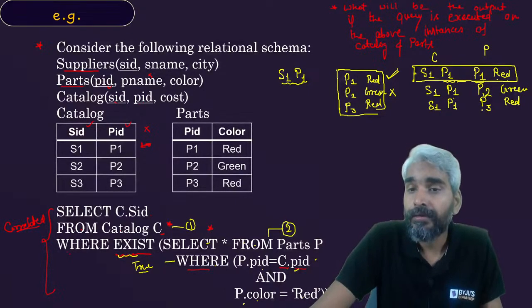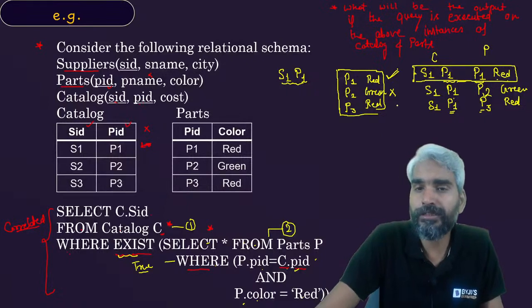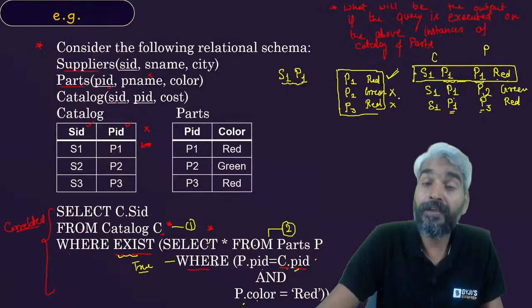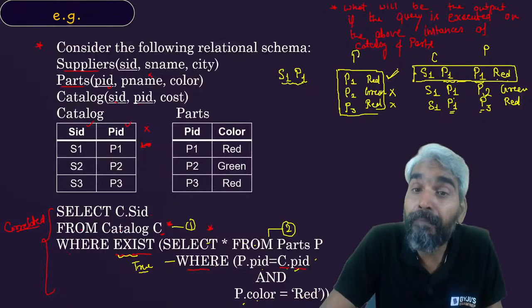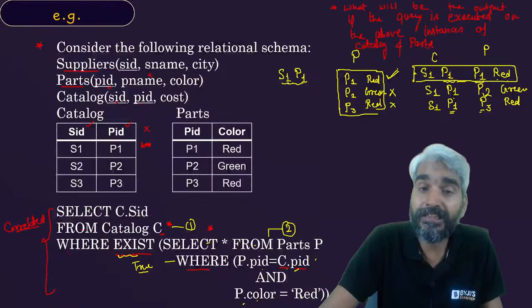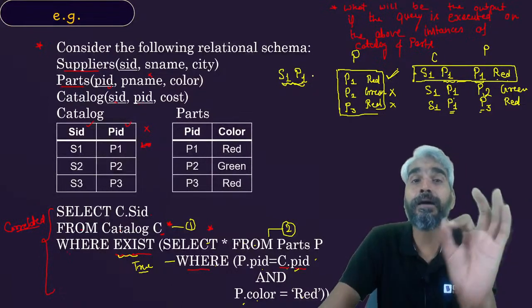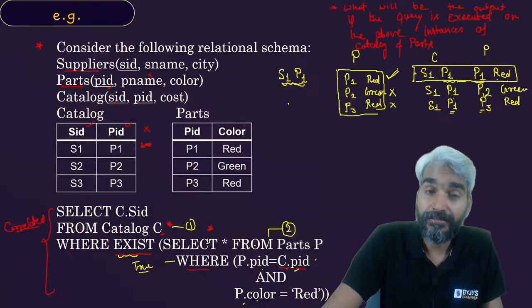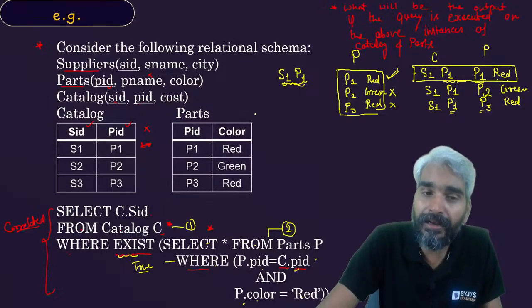Again, P dot PID is not equal to C dot PID, therefore it is also not selected. Now we have checked the complete part table with respect to the first tuple of the outer relation, that is, for the first tuple, we know the output of the inner query.